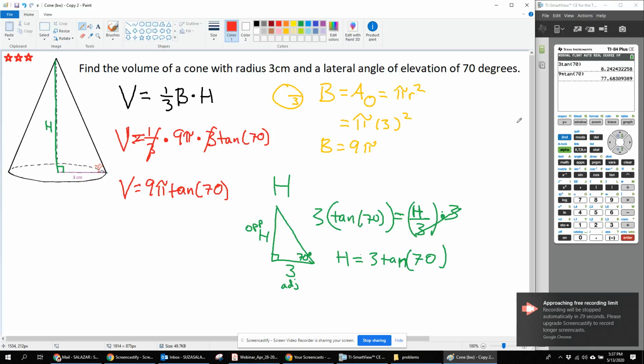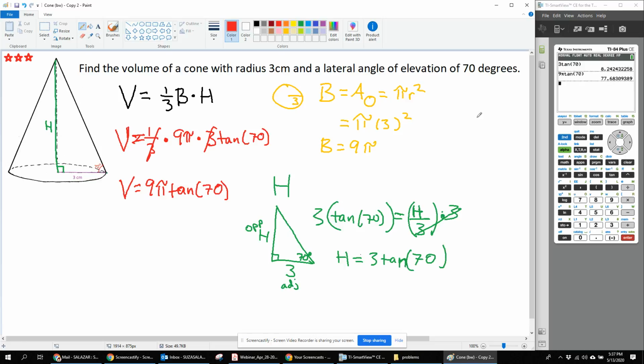So we plug that in, and 9 pi times the tangent of 70 is 77.68309389, blah, blah, blah. We can just round it off. So the volume is approximately equal to, we'll just round it to a whole number and say 78 centimeters cubed because it's volume.